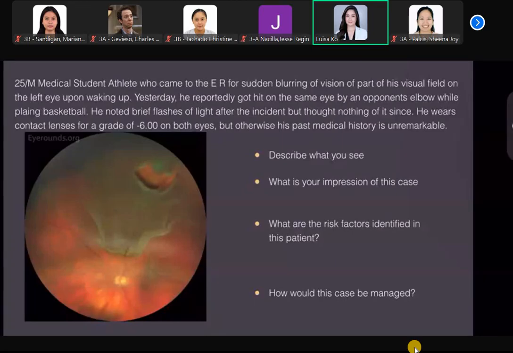That's how it behaves. It's also firmly attached to some parts of the retina, for example at the ora serrata or the vitreous base, where the vortex veins exit, at the optic disc, and at the macula. There are some areas where the vitreous gel is attached to the retina.